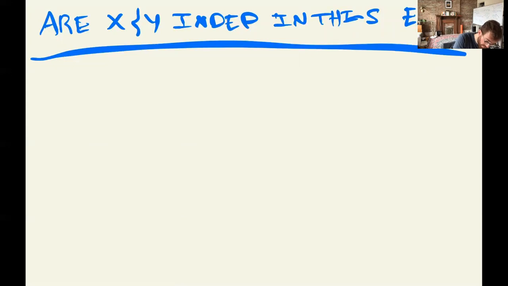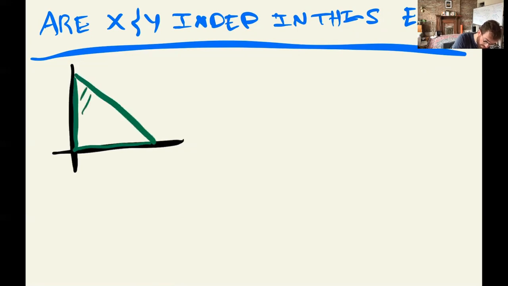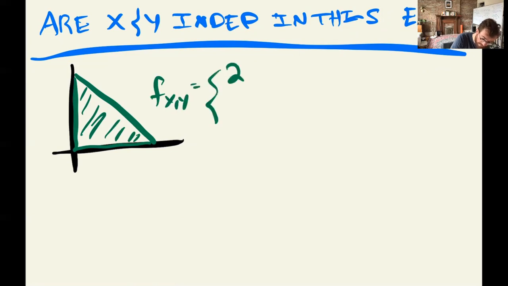Again, what we're looking at here is this JDF where it's uniform on this triangle: f of x, y is equal to 2 for x and y in this triangle, and 0 otherwise.